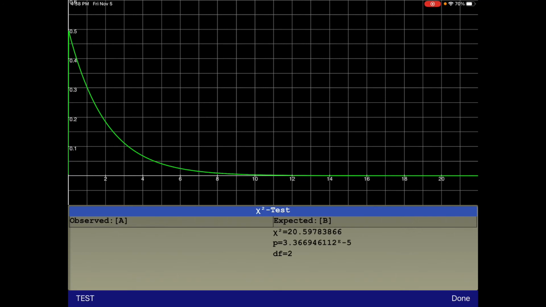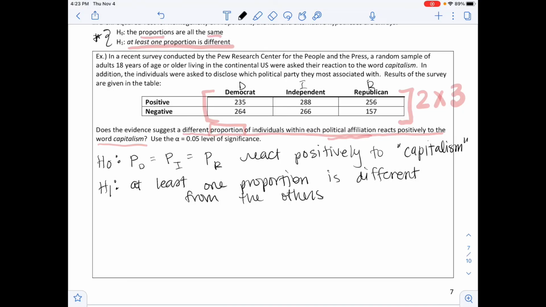So make sure you round that correctly to 4 decimal places, and it should be 0.0000. From the graphing calculator, we get a p-value equal to 3.37 times 10 to the negative fifth. And again, moving the decimal 5 times to the left, this is going to round to 0.0000.